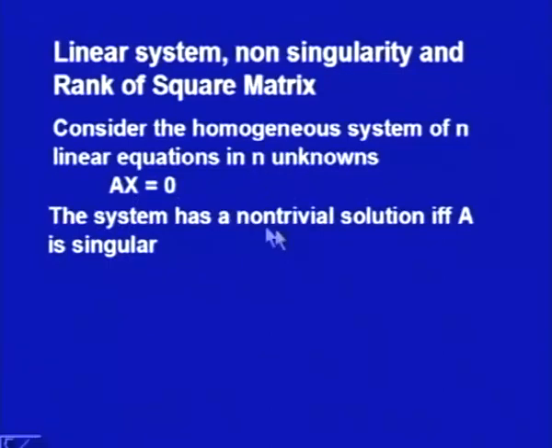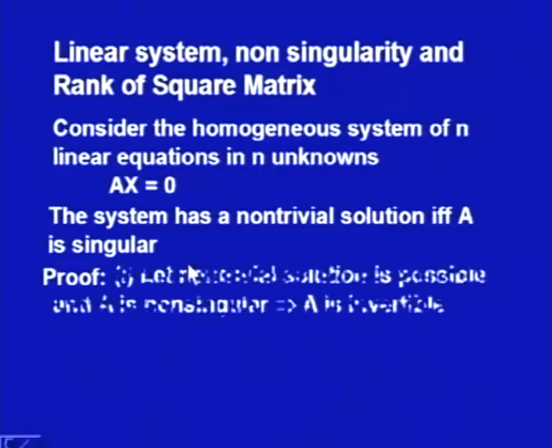Then the system has a non-trivial solution if and only if A is singular. This system will always have the zero solution, because when x is equal to 0, A0 is equal to 0. But the problem is when it will have a non-trivial solution. We say the system will have a non-trivial solution if and only if A is singular, or determinant of A is equal to 0.